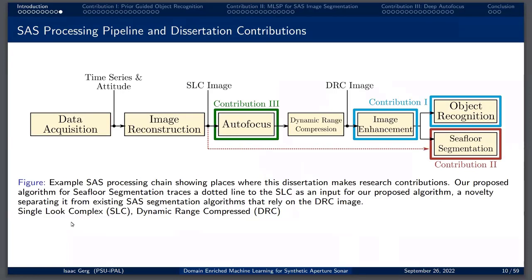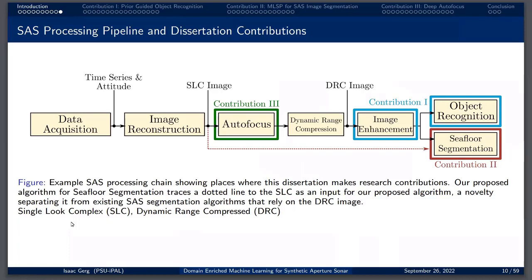Starting to put this all together into a larger picture, you can imagine the SAS image processing pipeline, going from the time series that I collect from the sonar all the way to automated processing of the imagery, as the following. You have data acquisition, which is on board the underwater drone. That gives me time series and attitude measurements, so roll, pitch, and yaw, things like that, of the vehicle.